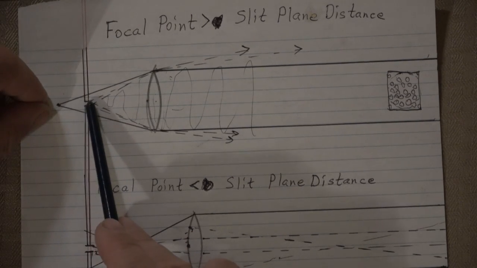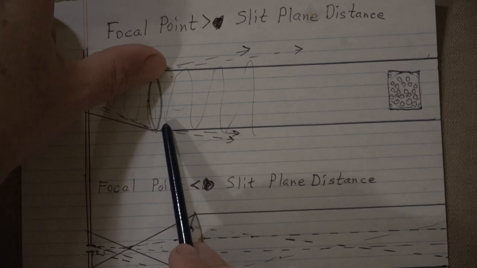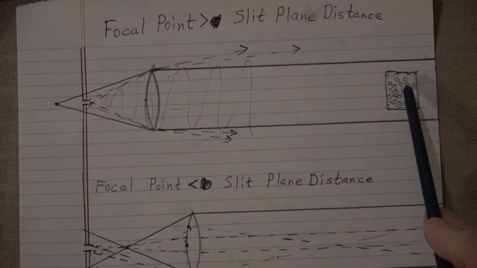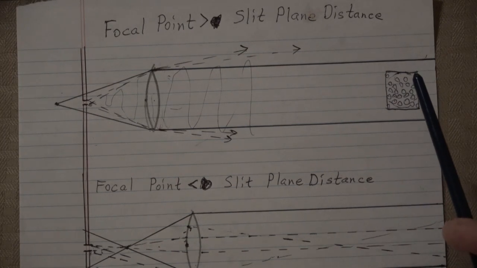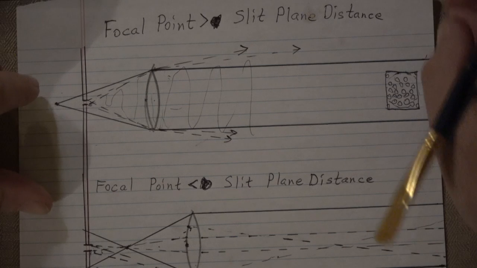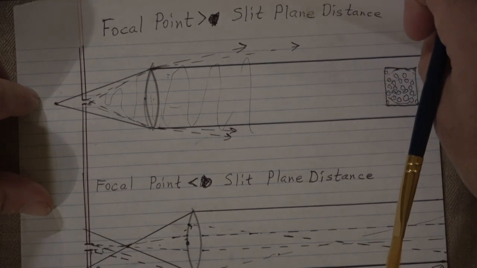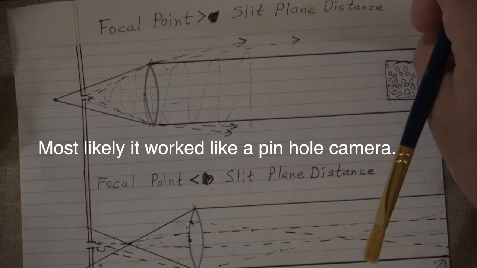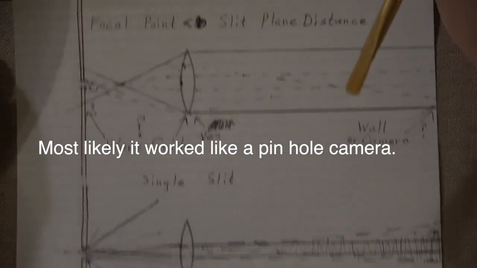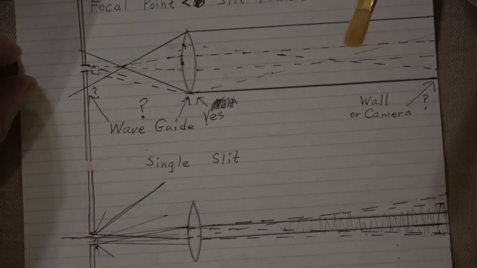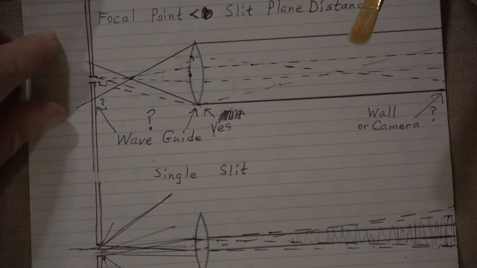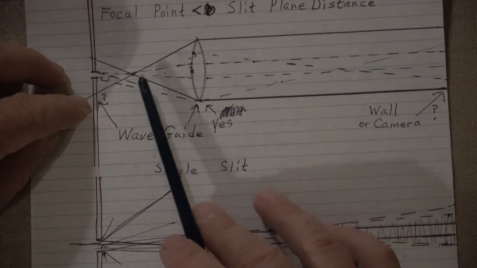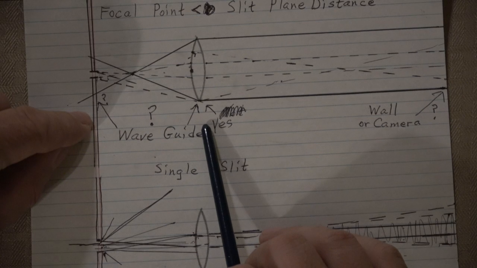So we have light coming through here, and this is the image that it makes, though I'm not really 100% sure on how that was done. I didn't see how the microscope was being brought upwards from the slit plane.